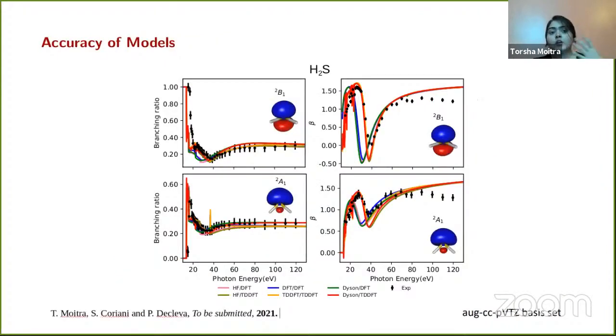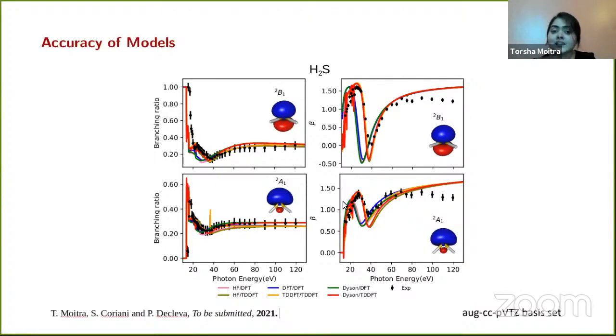Again, we tested the performance of the Dyson TDDFT approach, and for this purpose, we chose the H2S molecule, and we looked into the two lowest energy ionization pathways of H2S. Here, the Dyson orbitals are shown as the insets, and we see that the major contribution comes from the 3p orbital of sulfur.